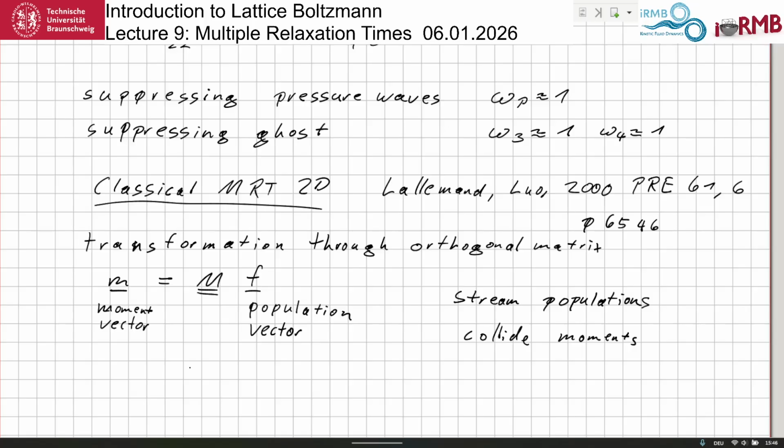Once you have collided the moments, you get the post-collision populations by using an inverse matrix on m.